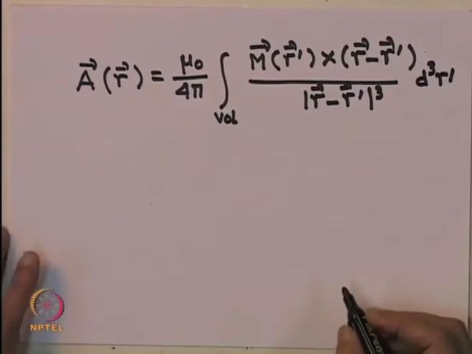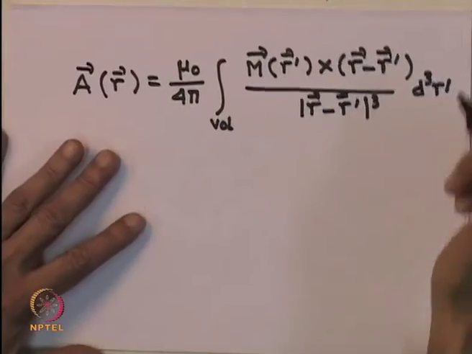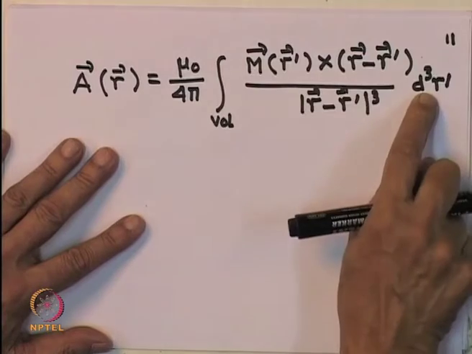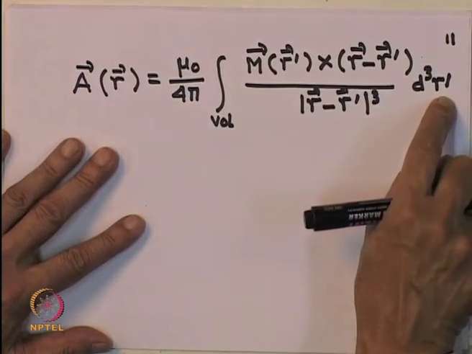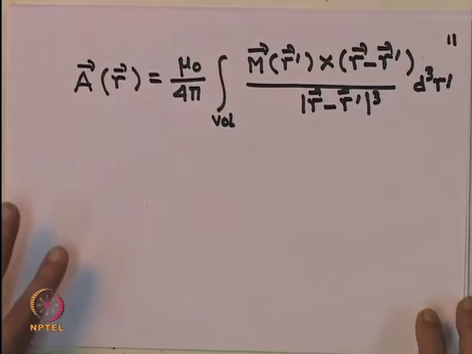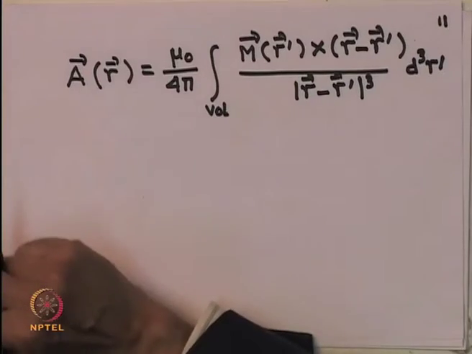That is very analogous to the expression that I wrote down. So, this m of r prime d cube r prime is my magnetization times the volume, this is my magnetic moment, and the rest of it is exactly what we had done earlier. Now, I want to write this in a slightly different way.